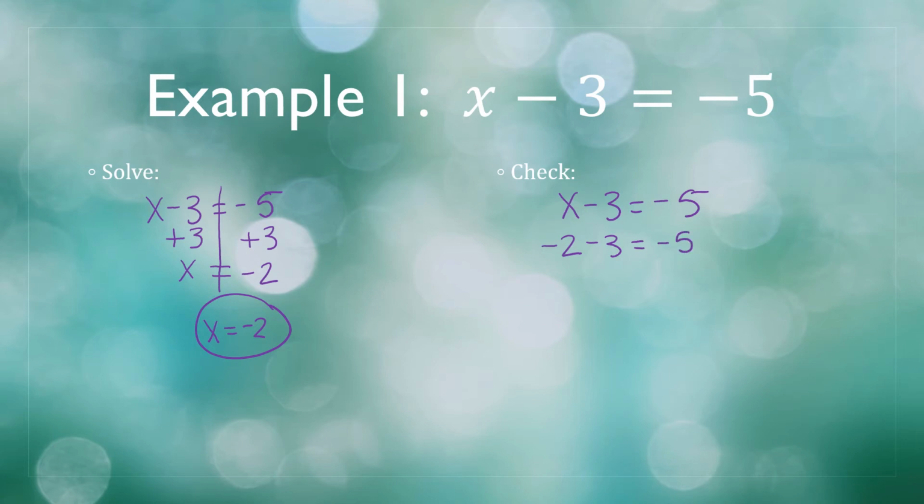Now we can go ahead and simplify it as much as we can. So we have negative 2 minus 3, which gets us negative 5. We do know that negative 5 is equal to negative 5, so we have a true statement, which means that x equals negative 2 was the solution to the equation x minus 3 equals negative 5.